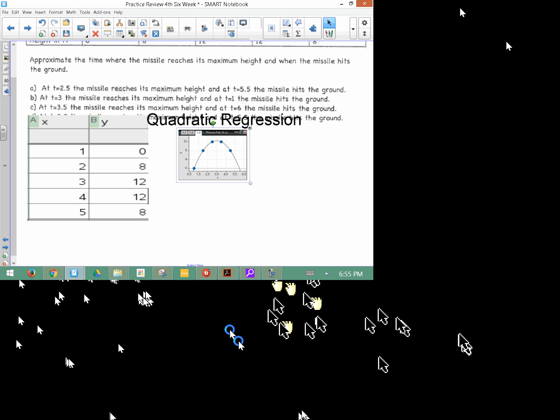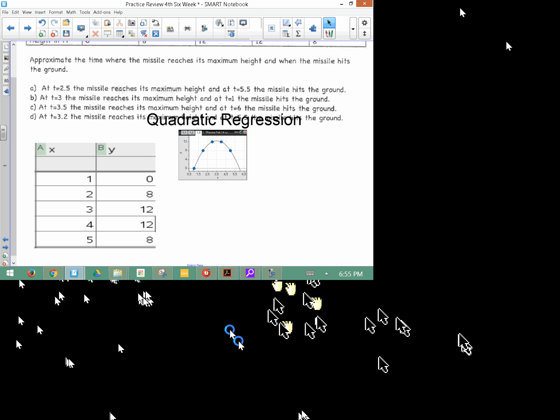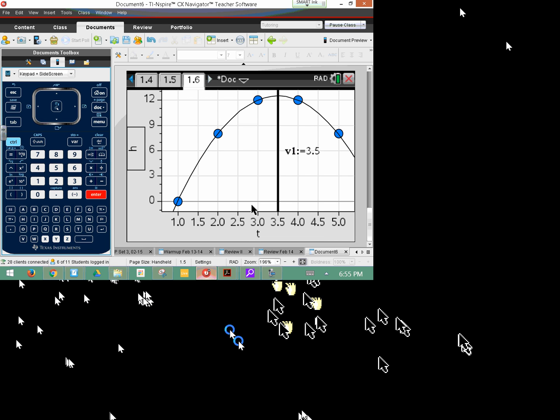So if I look at my answer choices, the question says approximate the time where the missile reaches its maximum height and when the missile hits the ground. If I look at the graph we just did, it looks like the maximum height was at 3.5.